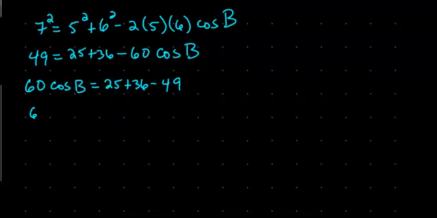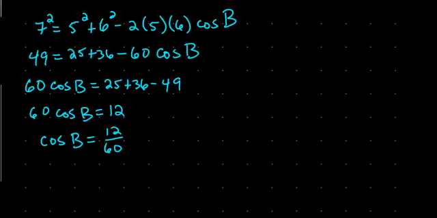So I get 60 times the cosine of B equals 12. Divide out by the 60, and we get that the cosine of B equals 12 over 60. That's 1/5, since 5 times 12 is 60. So cosine B equals 1/5.